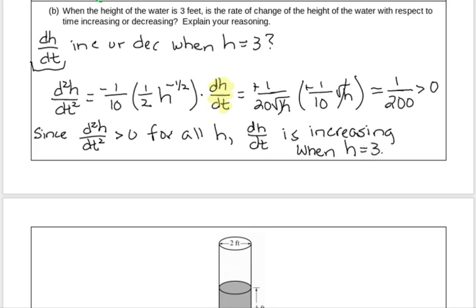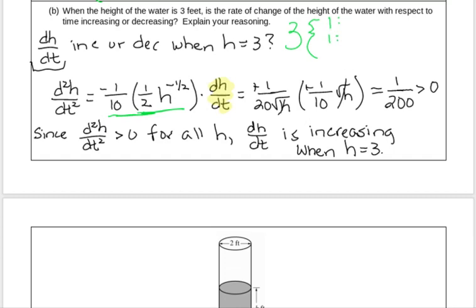All right, let's see. This one was worth 3 points. So it was worth 1 point for actually getting the derivative here. So knowing that you would leave the 1/10 alone, do the 1/2. So that was worth 1 point.